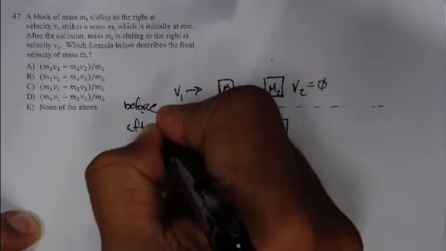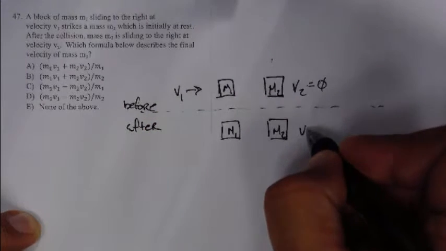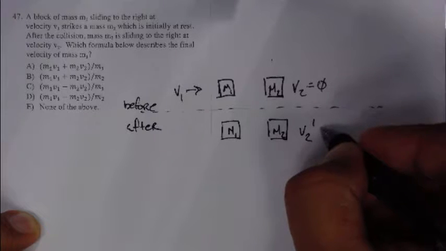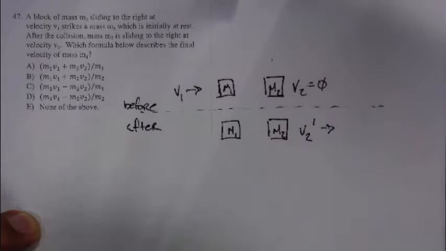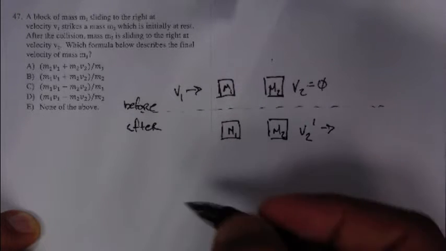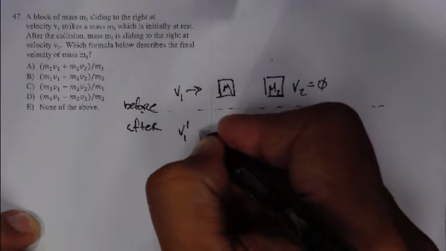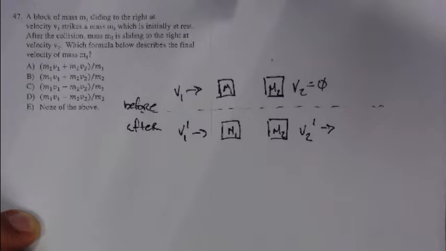After, we know that m2 is moving, so v2 prime is moving to the right. One thing we don't know is whether m1 stopped. We can't assume that, so we're going to say that v1 prime is moving to the right.